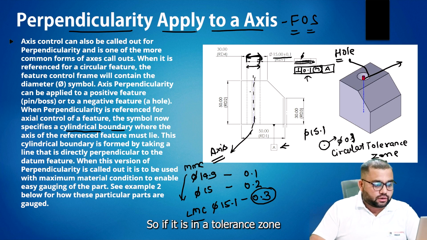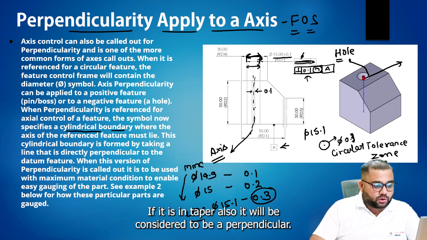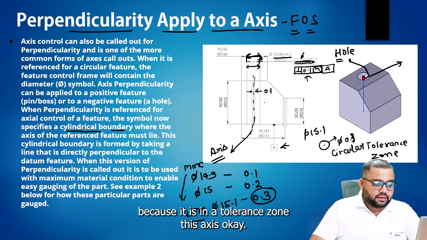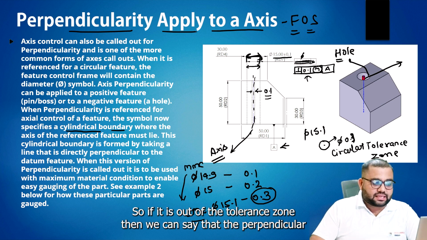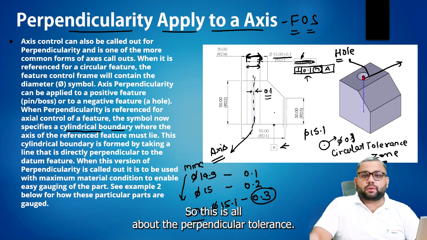This tolerance zone is 0.1 mm. If it is in taper also, it will be considered perpendicular, because the axis is in the tolerance zone. If it is out of the tolerance zone, then we can say that the hole is out of perpendicularity. So this is all about the perpendicularity tolerance.